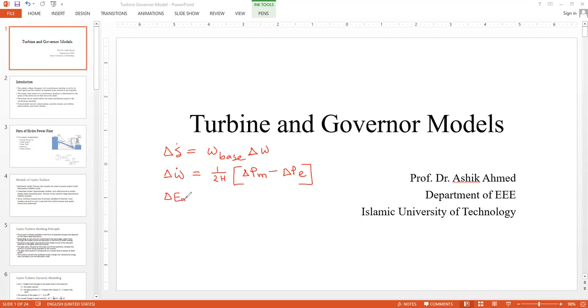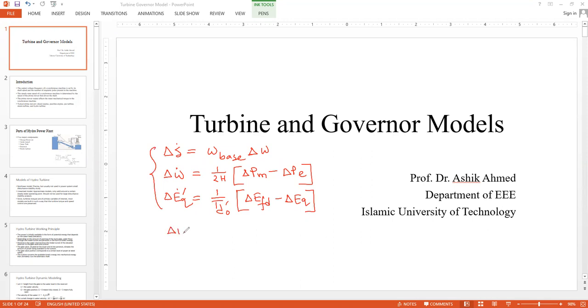The third state variable for the synchronous machine representation was this, that is Eq dash, and the expression was like this. And again, of course, the del Eq was further decomposed with the help of K3 and K4 constants. So this was the third order model we started with.